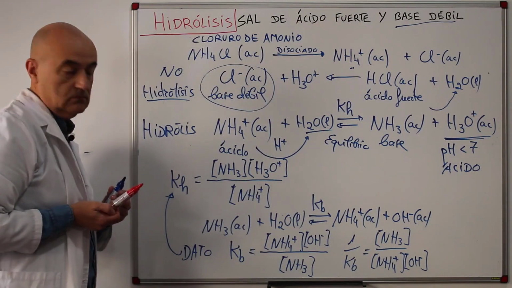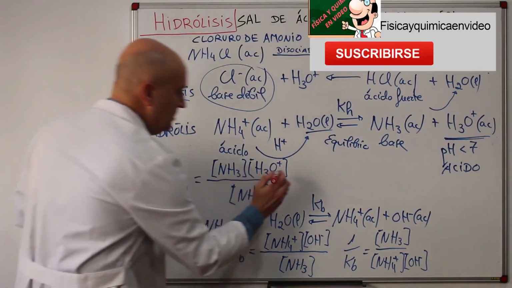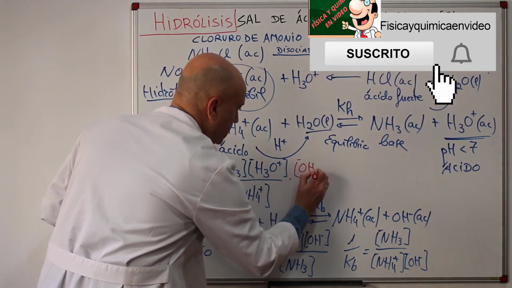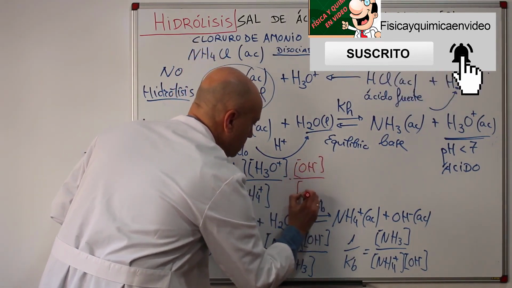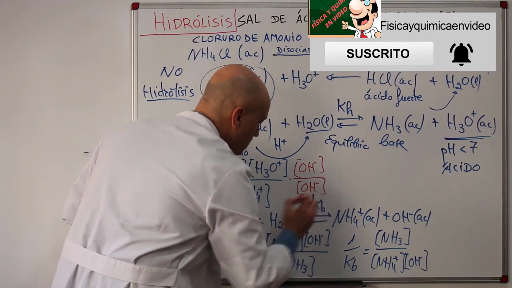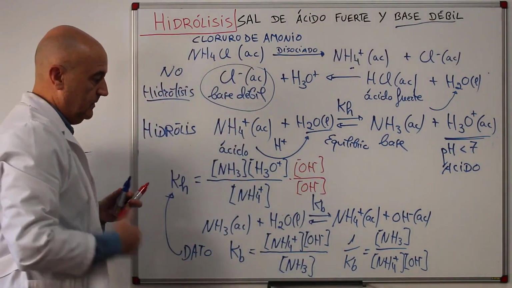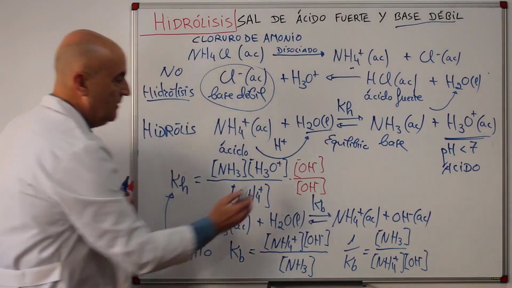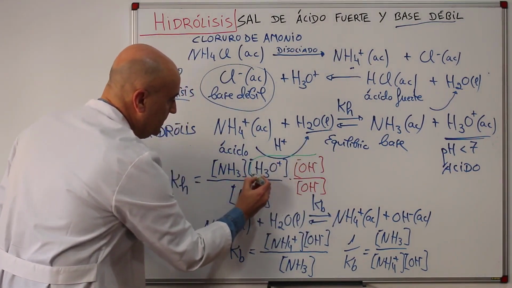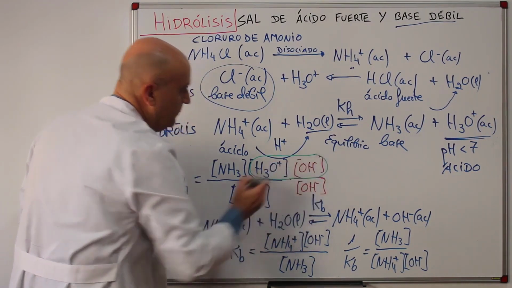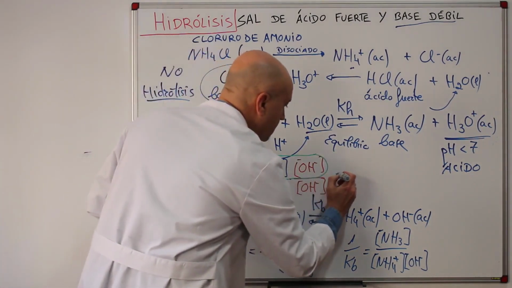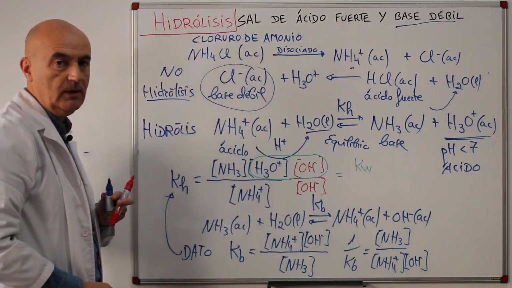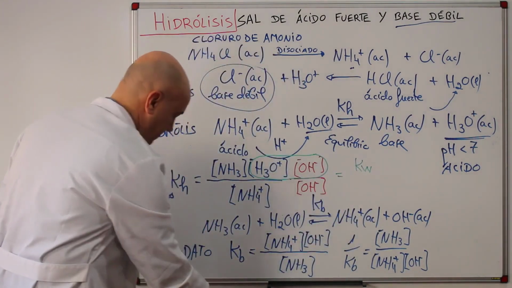How can I remove this? Easy. If I multiply at the top and bottom by the concentration of hydroxides, OH-, I'm effectively multiplying by 1. Combine the concentration of protons with the concentration of hydroxides, and this is the ionic product of water, Kw, which is 10 to the power of negative 14.